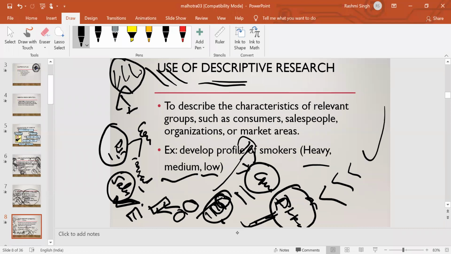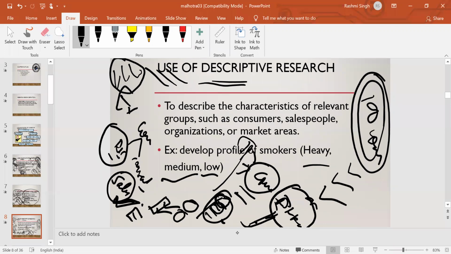If they have a database of 100 consumers who are using Reliance Jio in a particular area, in a descriptive study they will do a detailed analysis of those 100 consumers. Or there are 100 non-users of Reliance Jio in a particular area.